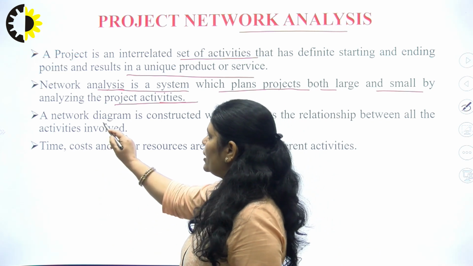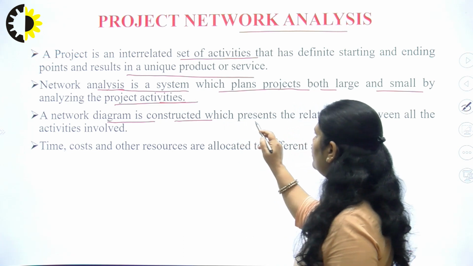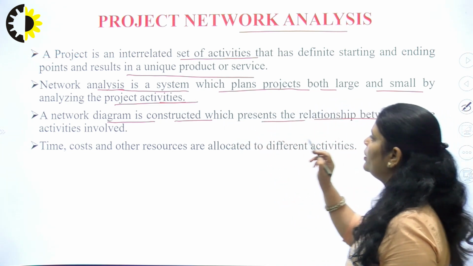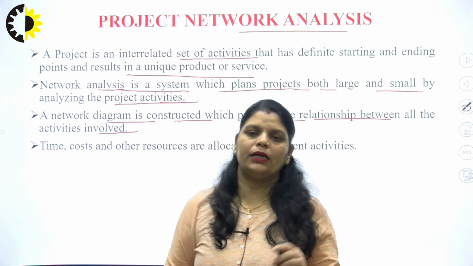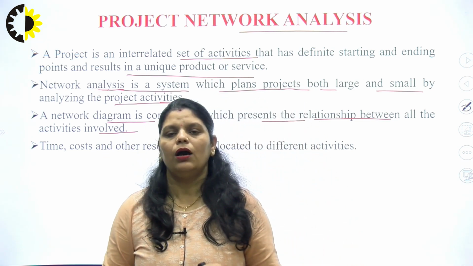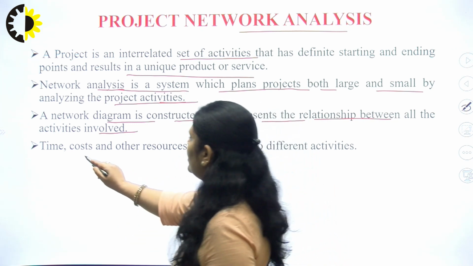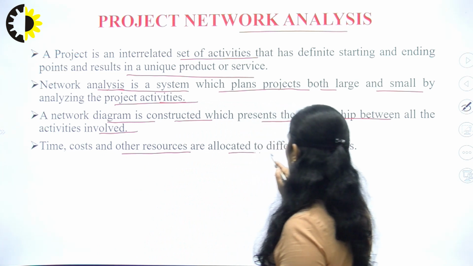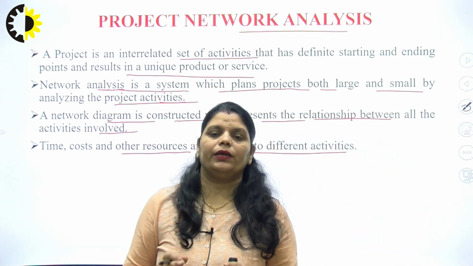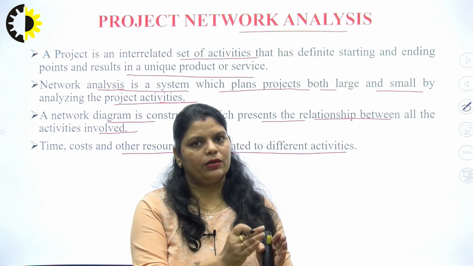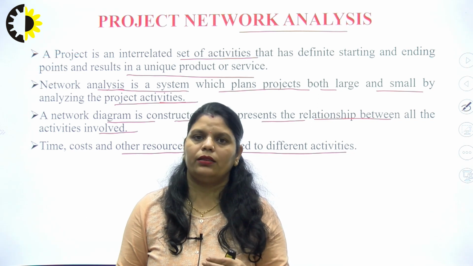So what is a network diagram? A network diagram is constructed to represent the relationship between all the activities involved. With the help of a network diagram, we can find out how different activities are related to each other. Time, cost and other resources are allocated to different activities. When we say activity, it will have a definite starting and ending point and it will consume resources and time.